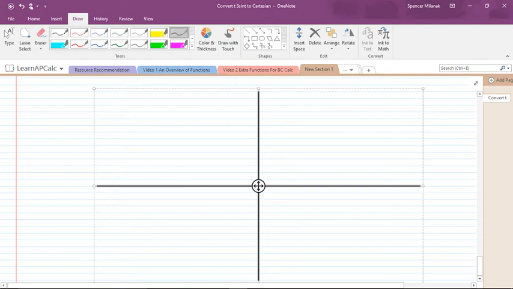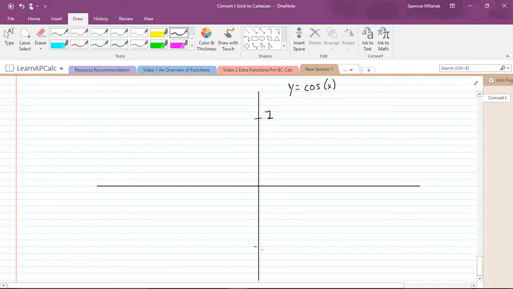So if I draw y equals cosine x, so here's 1, here's negative 1, this is pi over 2, and here's pi.